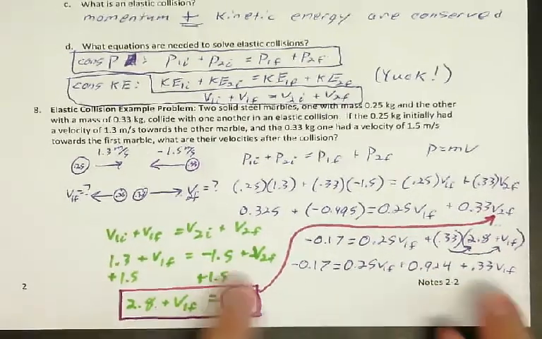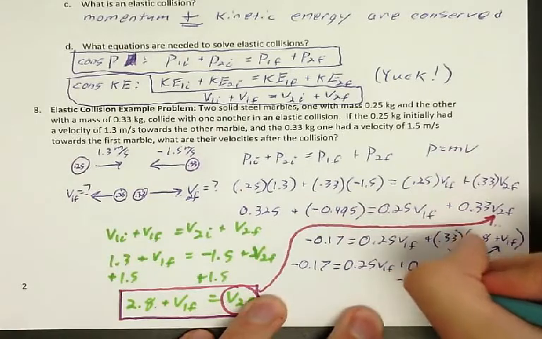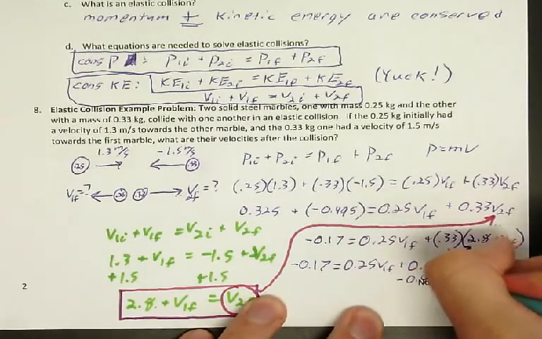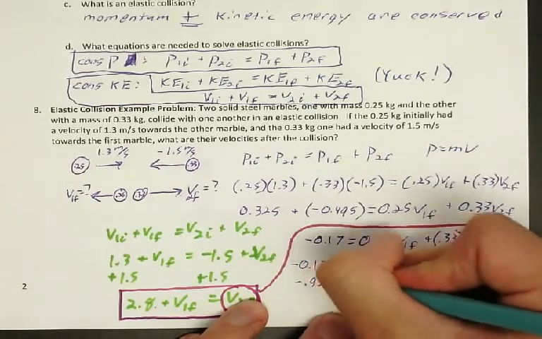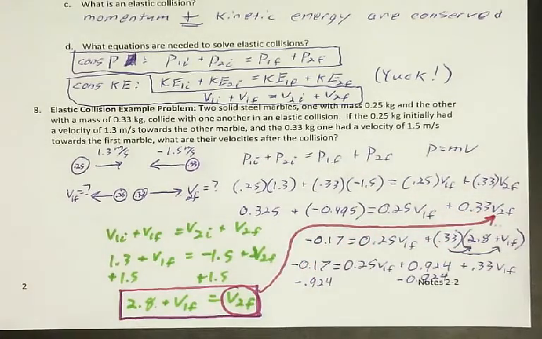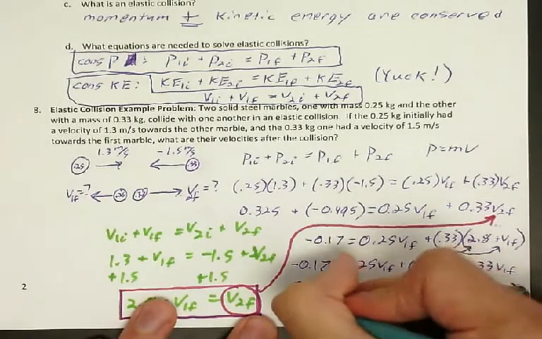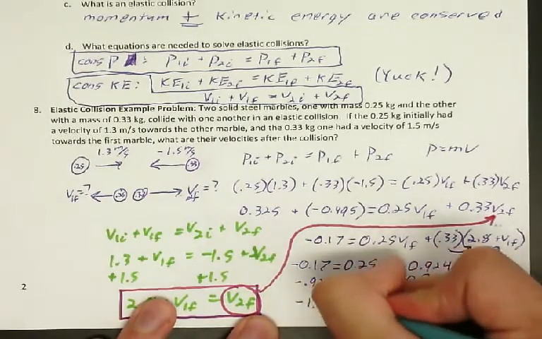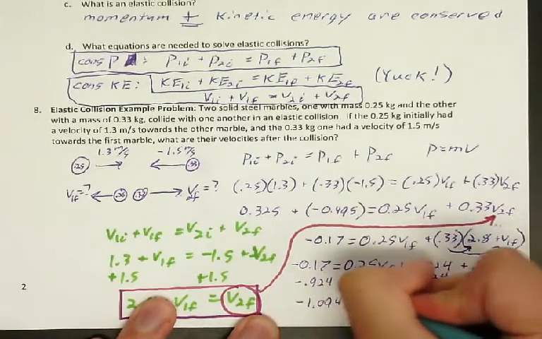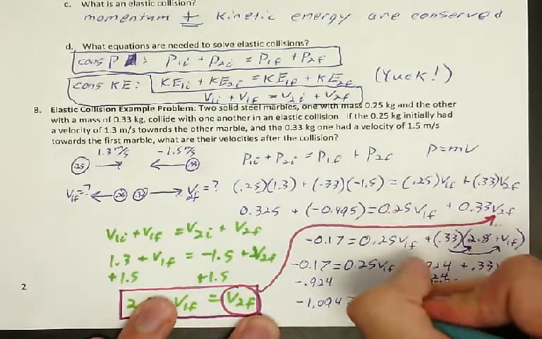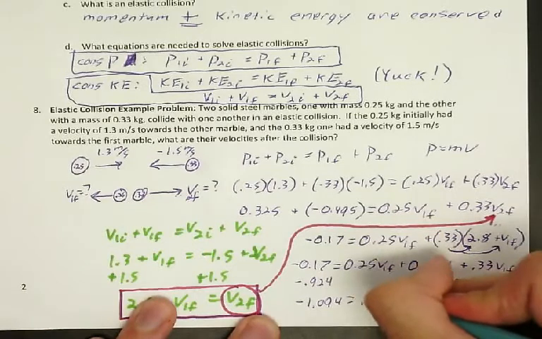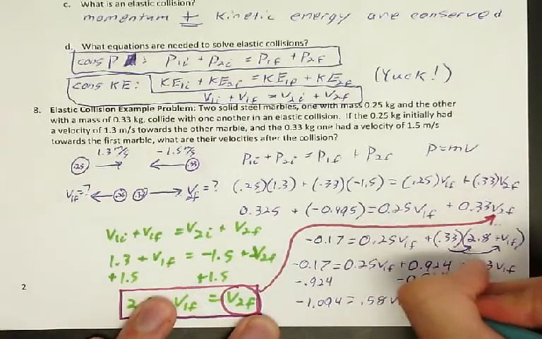Let's get the number over to the other side. So subtract 0.924: negative 1.094 equals 0.25 plus 0.33 V1 final, which is 0.58 V1 final.